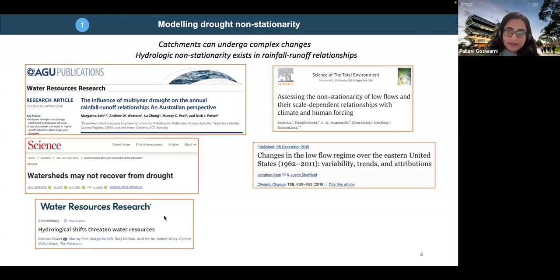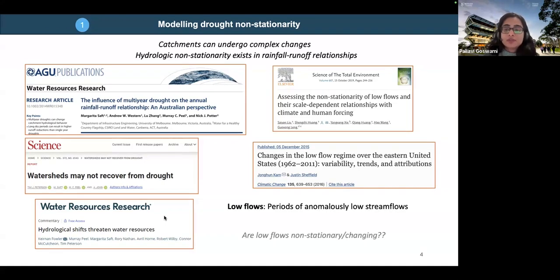So following from the research that demonstrated that there was rainfall runoff relationship change, and there was non-stationarity because of what the climate and the preconditions were, this motivated me to understand if low flows or drought flows are also having a signal of non-stationarity in their time series.